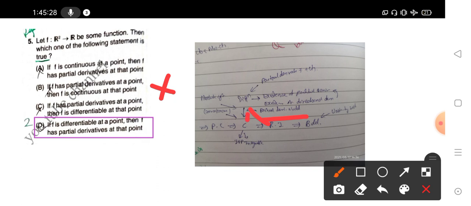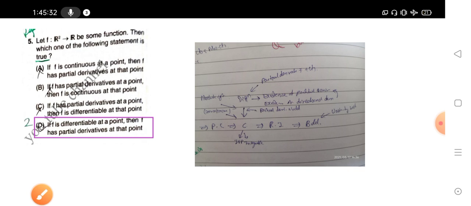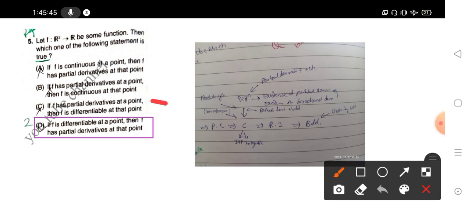This is the opposite of the true implication, so it is not true. Differentiable implies existence of a partial derivative. So this option is also wrong.